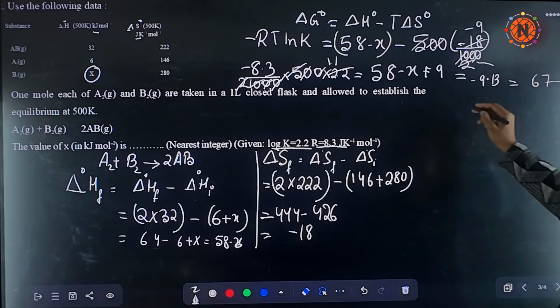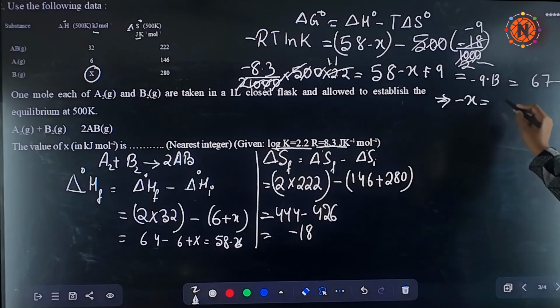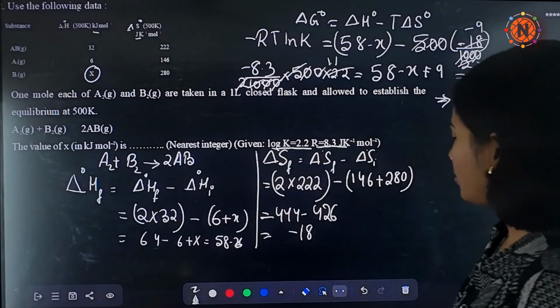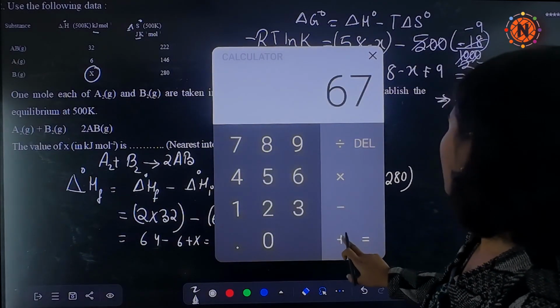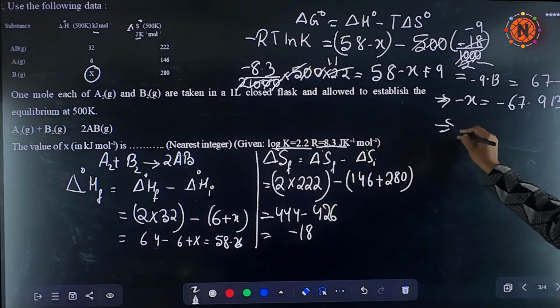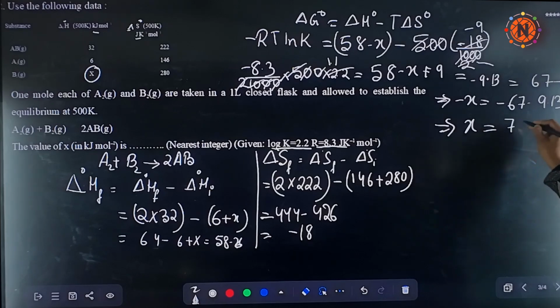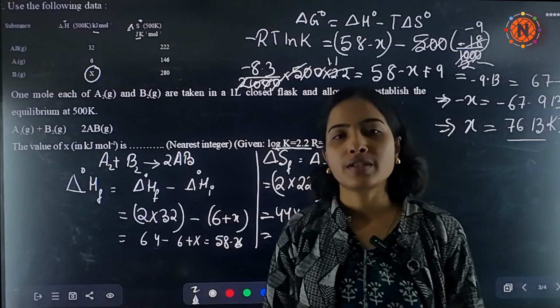We need to find out minus x. So if it goes this side, then it will be 67 minus 9.13. So the answer will be 76. So our x value will be 76.13. So this is our final answer. I hope you have understood throughout the session. Thank you.